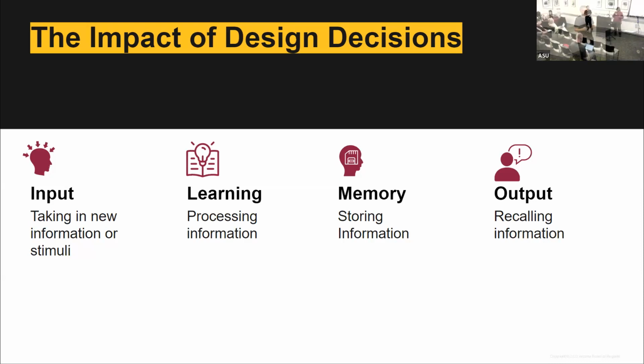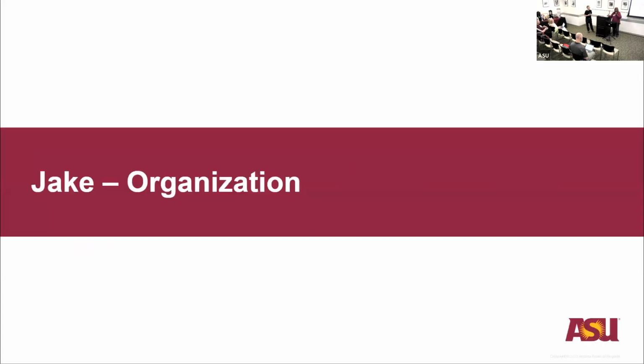Because when I work with students, sometimes they got the information, understand it, and know it backwards and forwards, but you asked a question and now they can't get it out. So there are a variety of different things. I'm going to talk about Jake.